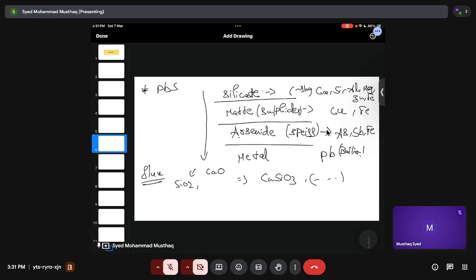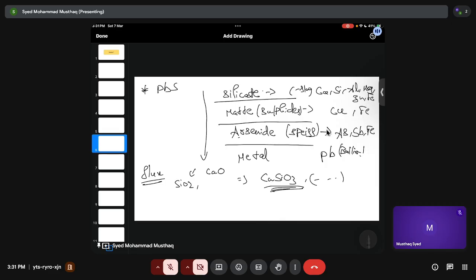Depending upon the basicity, you can have different types of silicates. If it is neutral, then you will have this calcium silicate, and if it is acidic, then it will have different types of silicate. If you have basic, then again you will have the same calcium silicate.